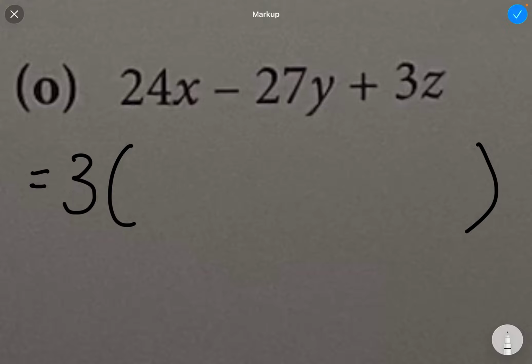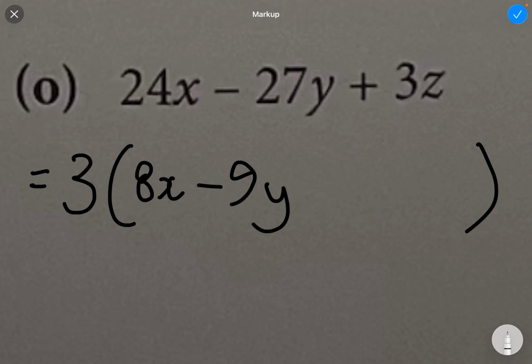Bracket. I started with 3 terms, here I must have 3 terms. 24x divided by 3, 8x. Negative divided by positive, so negative. 27 divided by 3, 9. Y still there.